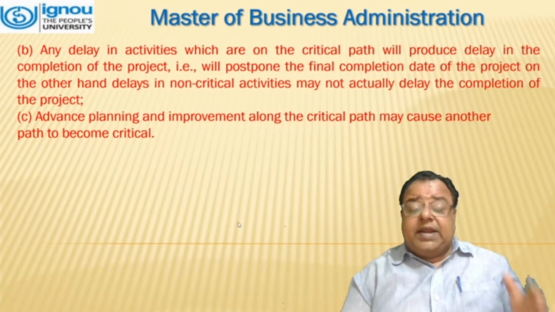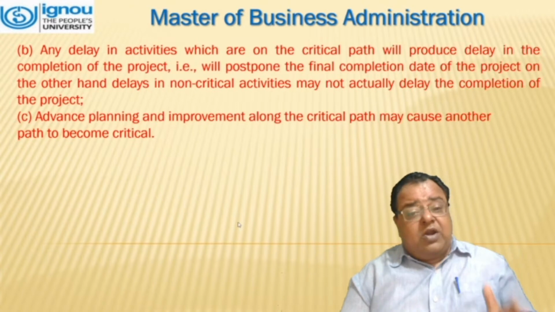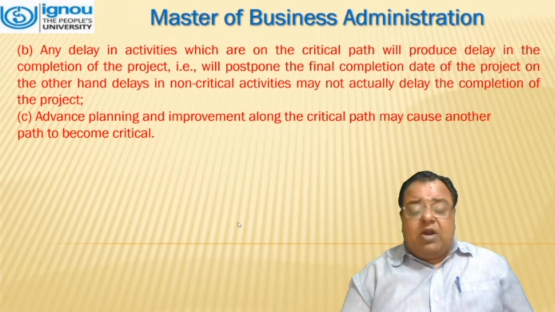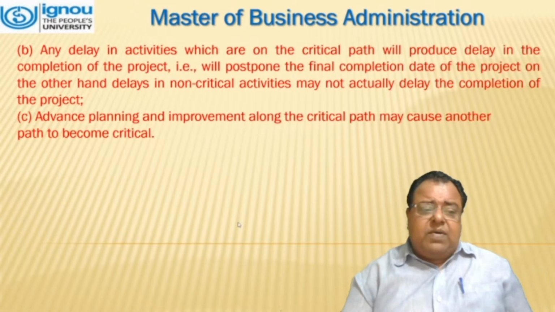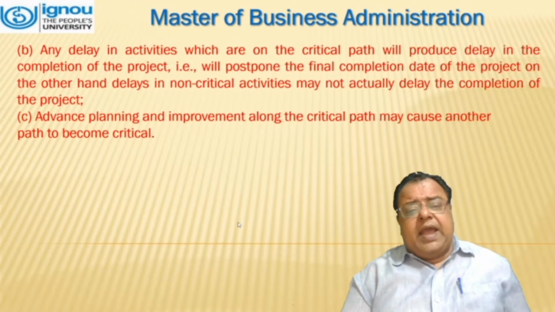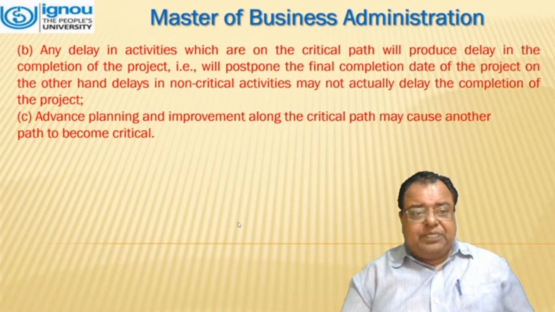On the other hand, delays in non-critical activities may not actually delay the completion of the project. And the third one is advanced planning and improvement along the critical path may cause another path to become critical.